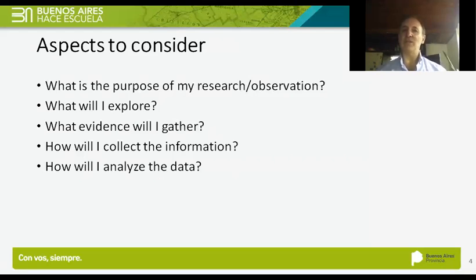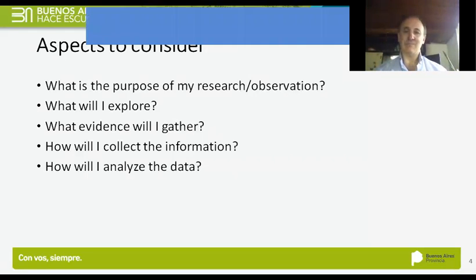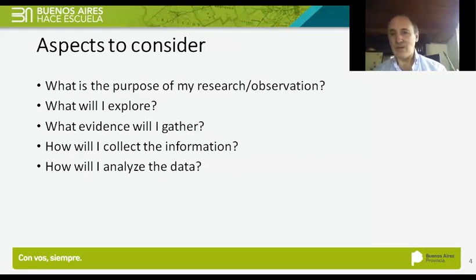The first one is, what is the purpose of my research or of my observation? Basically, why am I going to do this research in one of my classes? The second question is, what will I explore? This is important because you have to be aware of what you want to explore and why you are going to do that.